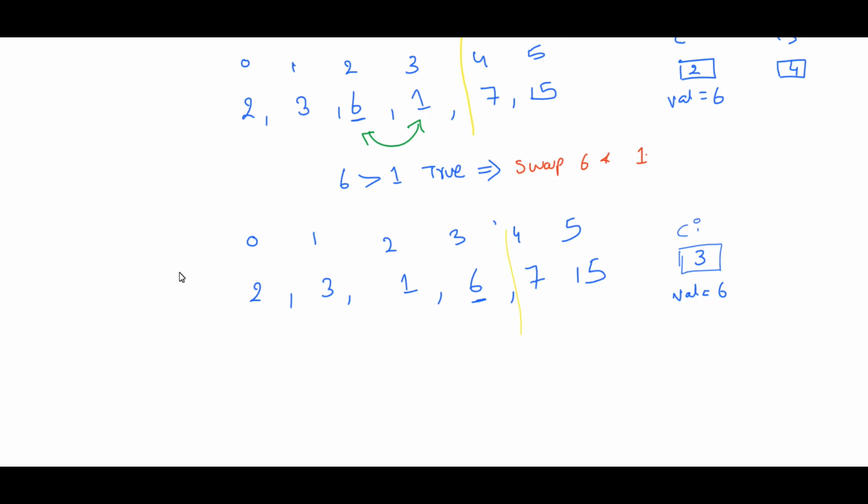Sorry, CI has a value, is pointing to position 3, which has a value of 6, and our ls is 4.